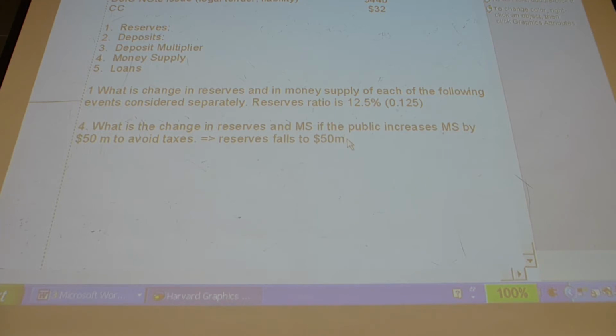Well, what's the change in deposits if reserves fall by 50 million? Change in money supply equals minus 50 divided by 0.08, or 1.25 times 0.1.25, which is equal to, I think we've had this already, minus 400 billion.